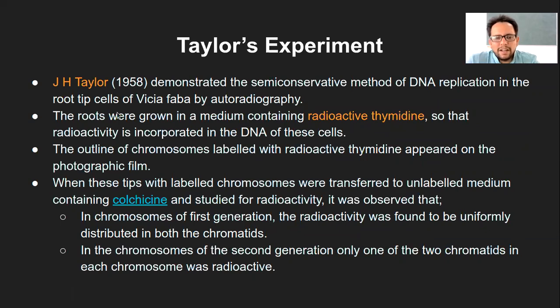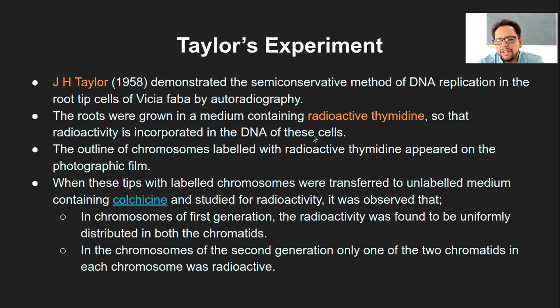So there was this another guy whose name was J.H. Taylor, not Tyler, sorry. So he demonstrated again the same experiment, but in specific root tip cells of Vicia faba. This is one type of plant. You can Google it out. He used the method of autoradiography.